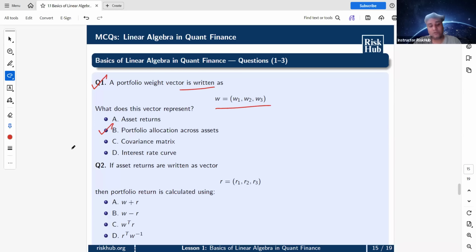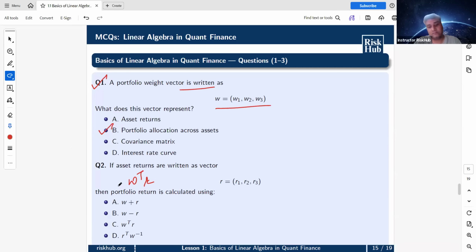Question number 2 is about your portfolio return calculation. So we have the form here as this one. This is basically your dot product, right? Why not addition or subtraction? Because portfolio return is not your raw asset return. It is weighted exposure to returns. This distinction is very, very critical. Please understand that.